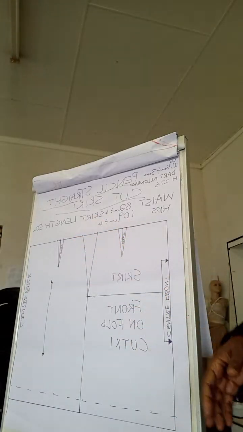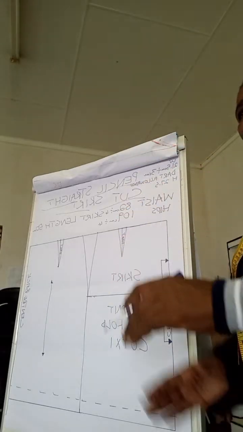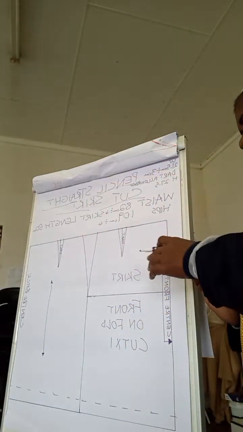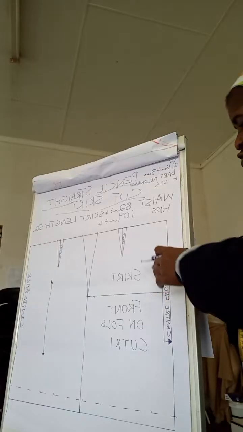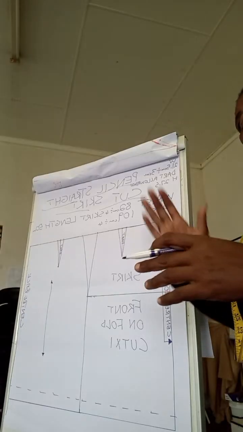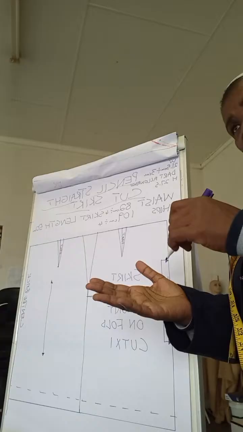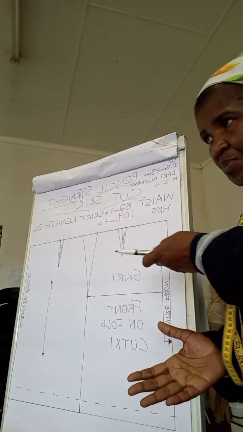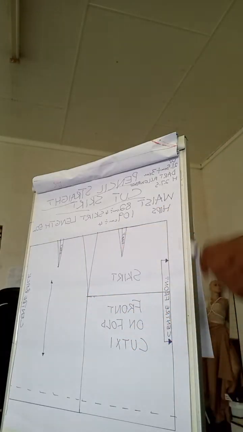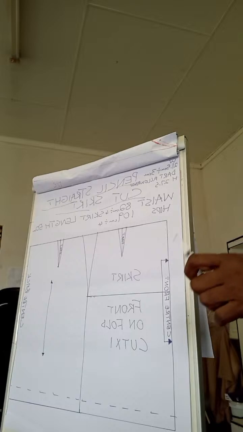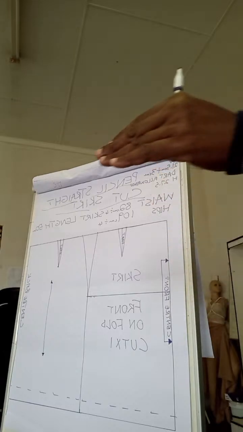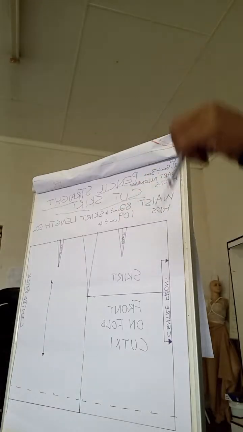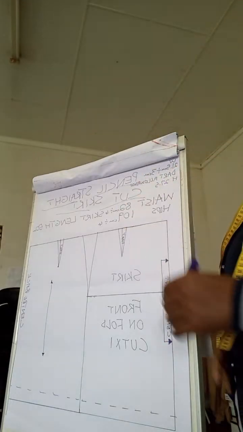For a working pattern, you just take a tracing paper and put it on top of what you have drafted, on top of the one that you want to trace. Then you go over it with the tracing paper, and then you add your seam allowances now.